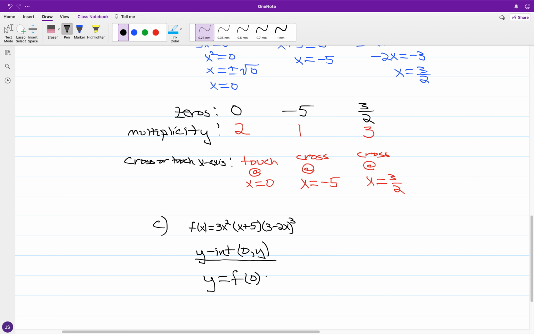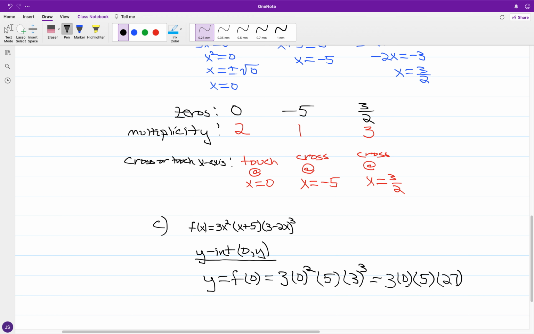This is going to be automatic, because here we have 3 times the square of 0, which is going to go to 0. 0 plus 5 is 5. 3 minus 0 is going to be 3. It really doesn't matter what the follow-through will be, because 0 squared is 0, and that's just going to cancel everything out.